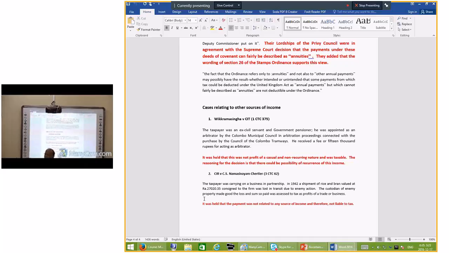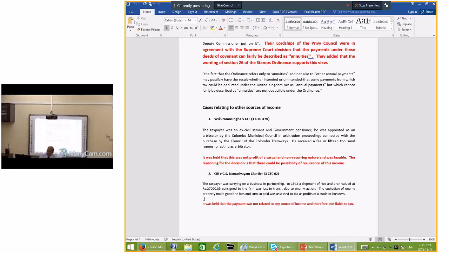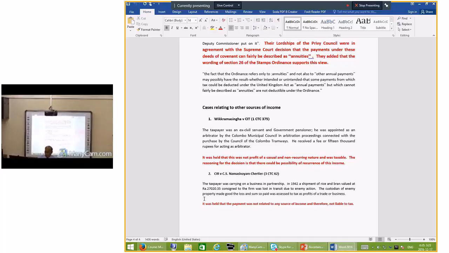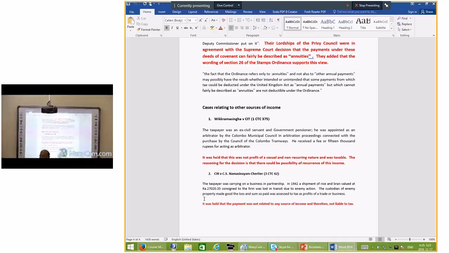The department said no, this type of income can recur again and again. You are a civil servant, a government pensioner, you have such knowledge, so you can become the arbitrator for others also. There is some possibility of recurring of that type of income, and therefore it comes under other source of income, not employment income.